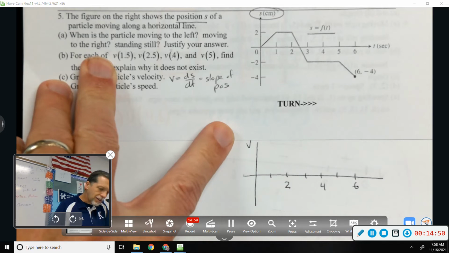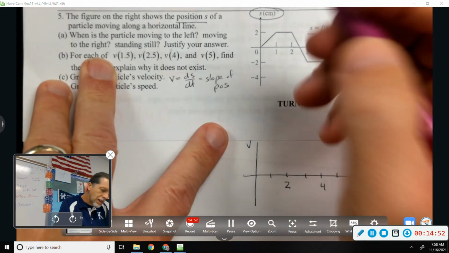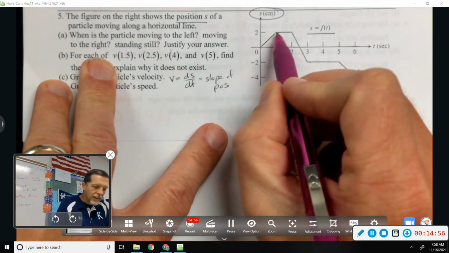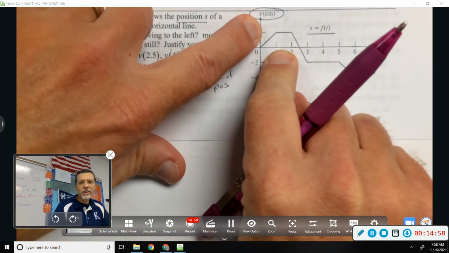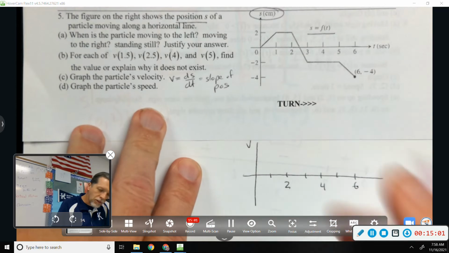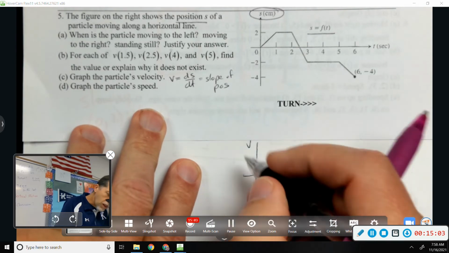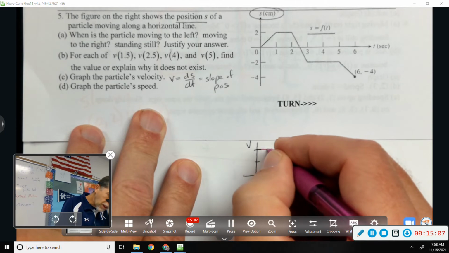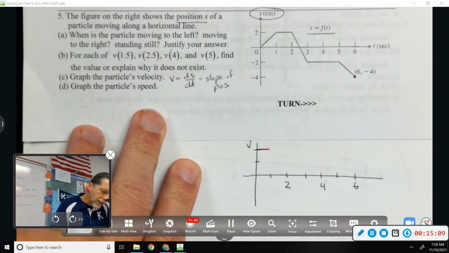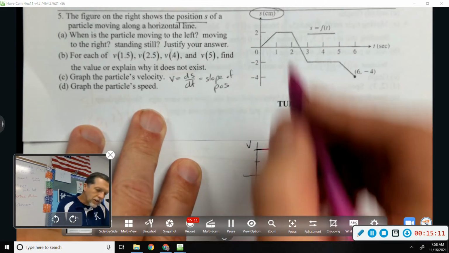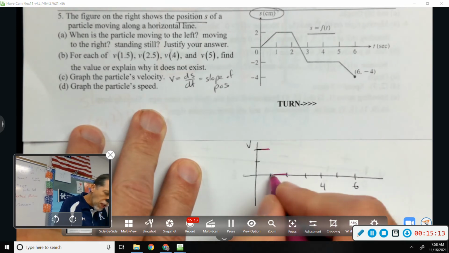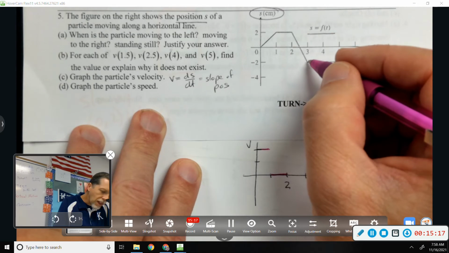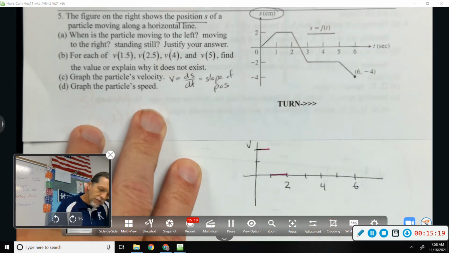Let's see, from 0 to 1, the slope is, careful. Without any numbers, it looks like the slope is 1, but with numbers on there, the slope is 2. From 0 to 1, velocity is 2. From 1 to 2, the slope is 0.